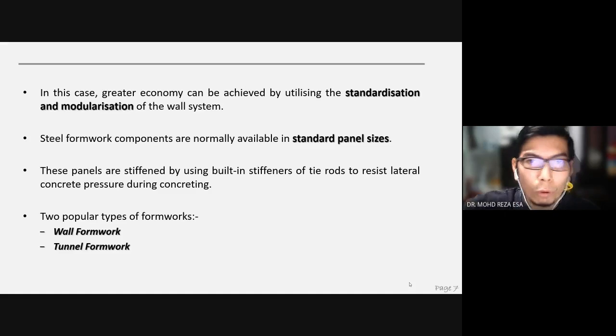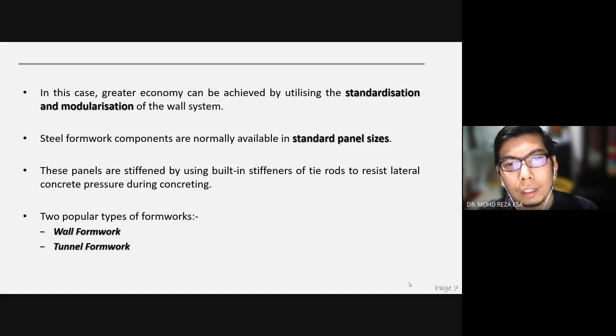Okay, bila kita nak pour concrete dalam formwork tu nanti dia tak bergerak, tak berubah daripada segi sizing dan sebagainya. So later on we are going to have a look on the method statement dia lah, dia punya process, the steps macam mana kita nak install of this formwork system.